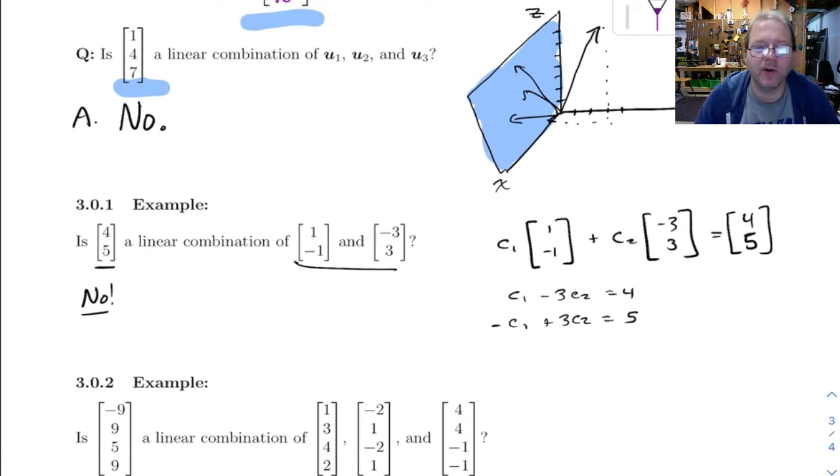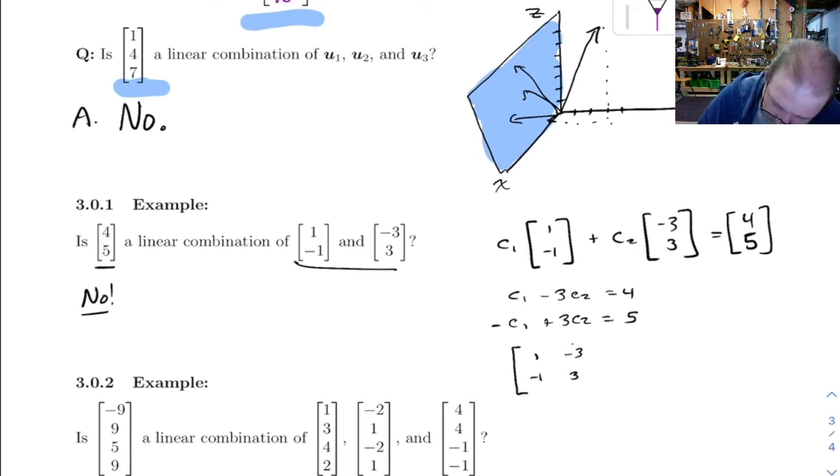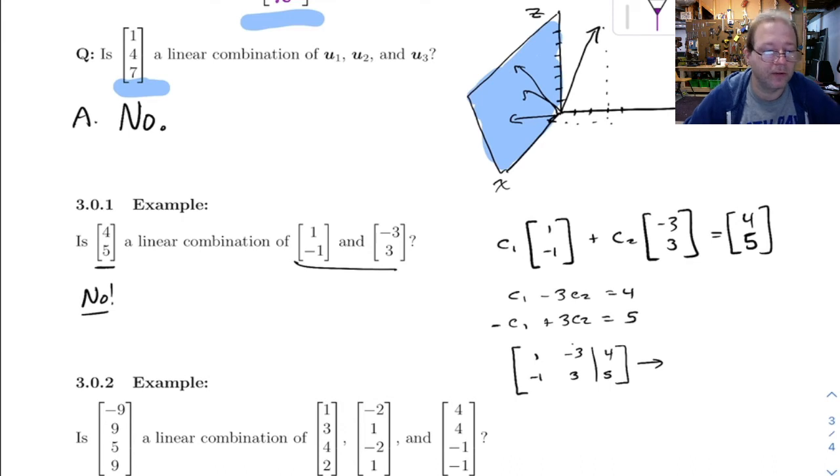Now, this is not a hard one to solve, but I'm going to write it as a matrix and solve it with Octave. Reason being is that's what we're going to do in general. Most of the examples aren't going to be this small. So write it as a matrix. When you take this and row reduce it, let's see.